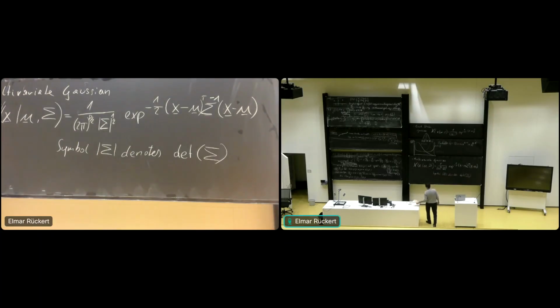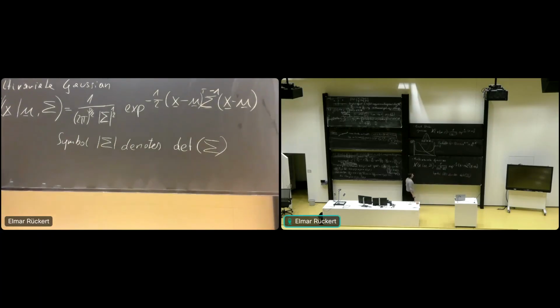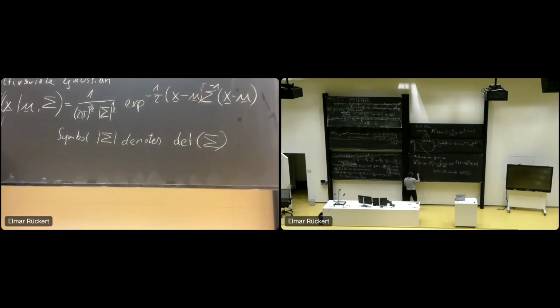Now, this is a very powerful distribution. So x could be, for instance, a vector of x, y, z coordinates of a drone flying in a room like here. And you have a model of that. So you have a covariance matrix of that. And then you can answer questions like, how likely is it that x takes a certain value given y and z? Or what is the value of x given y and z?